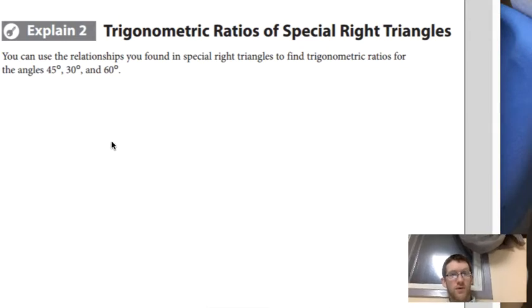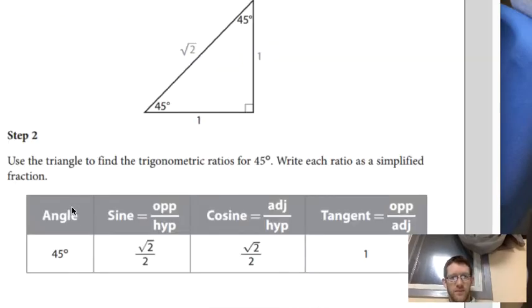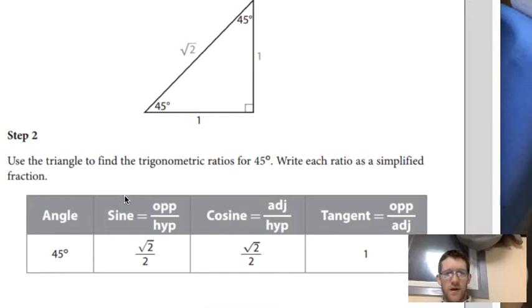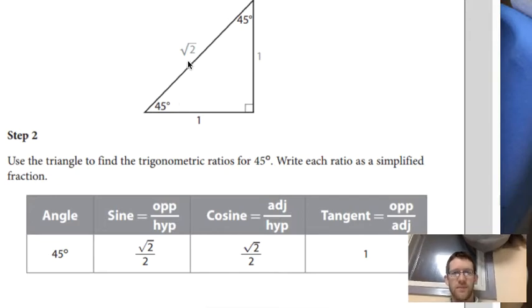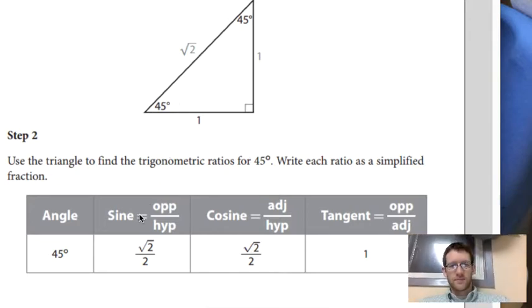We also just want to touch on real quick, I'll just give you the table for all the trigonometric ratios here. For example, if I were to look at this 45, 45, 90 right triangle, the ratios here for one of these 45-degree angles, it doesn't matter because they're both equal, are right here.